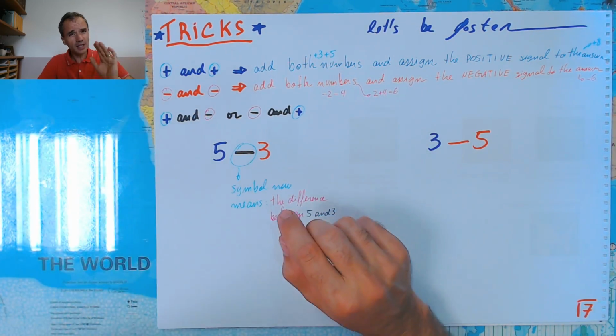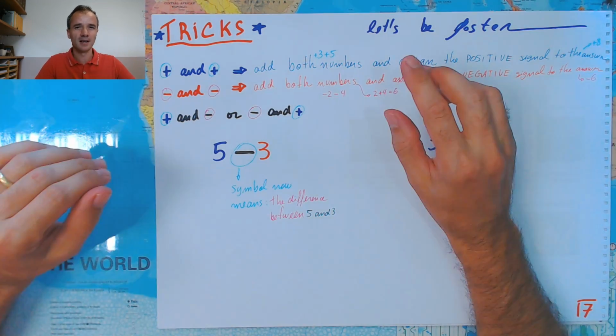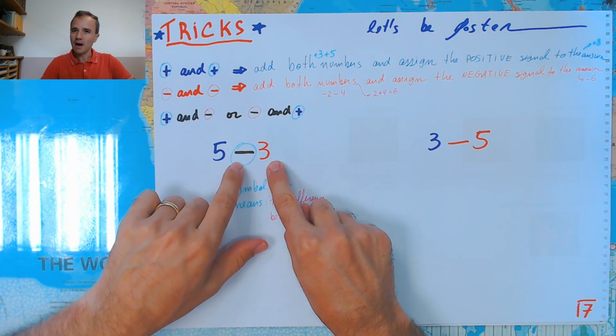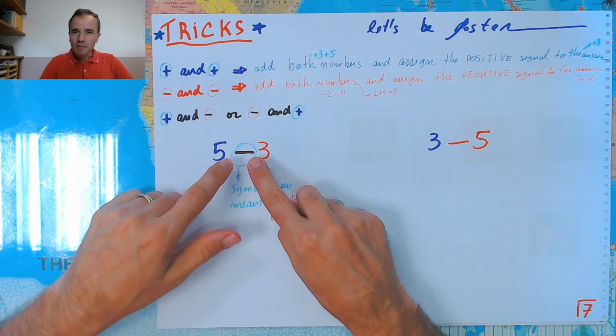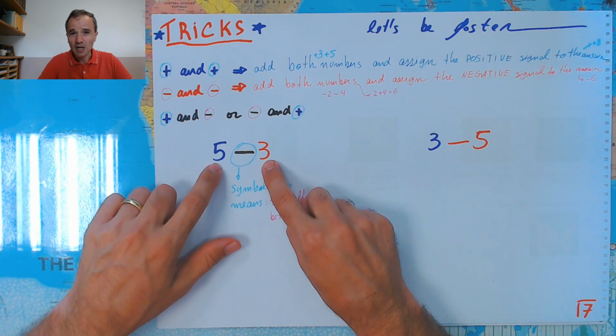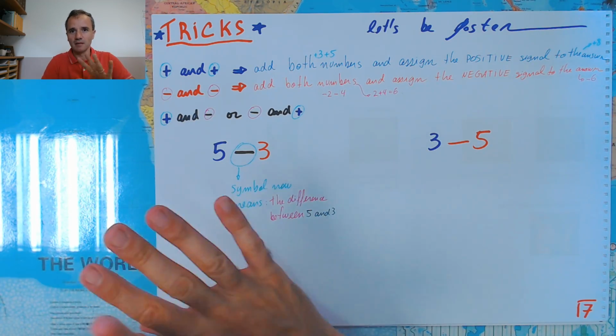We are seeing tricks, we're not seeing theory. It's a very different terrain. So this is 5, this is 3, and this is minus. We have 3 symbols in here. This minus means just difference. We're going to see the difference between that number and that number. Don't see numbers as positive or negative. They just mean positive.